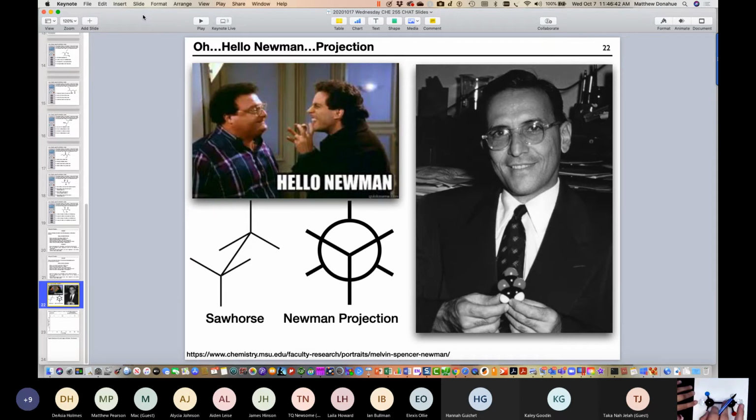So even though we're going to look at this molecule, let me draw this first. So here's butane, right? 1, 2, 3, 4 carbons. But this is also butane. You would hopefully agree with that statement.